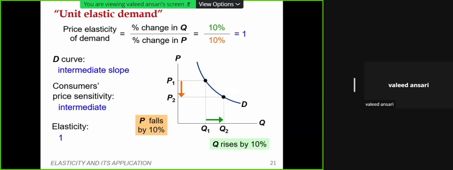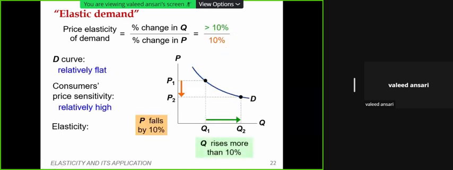This is the curve I was referring to, where the change in quantity and the change in price are the same. For example, if you calculate this area, it is P into Q, and they will be the same. It is called a rectangular hyperbola. In this case the coefficient will be 1 and it will be unitary elastic.